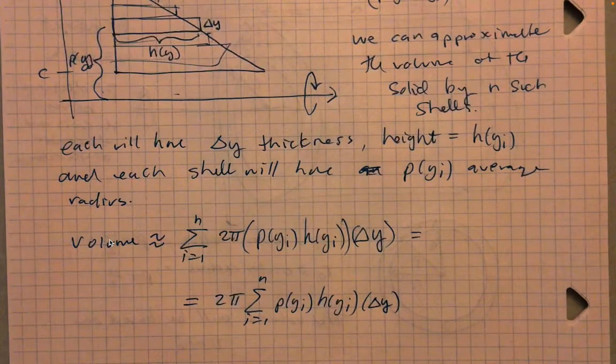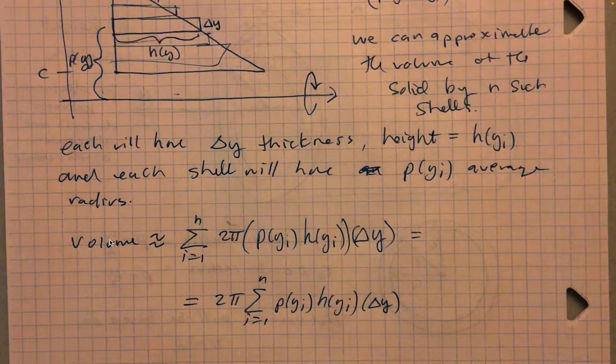Now obviously the more shells you have, the closer the approximation. If I have 3 shells, it's going to be a pretty bad approximation. If I have 3,000 shells, it's going to be a pretty darn good approximation. But now, this is calculus, so what we're interested in is what happens when the number of shells grows without bound.